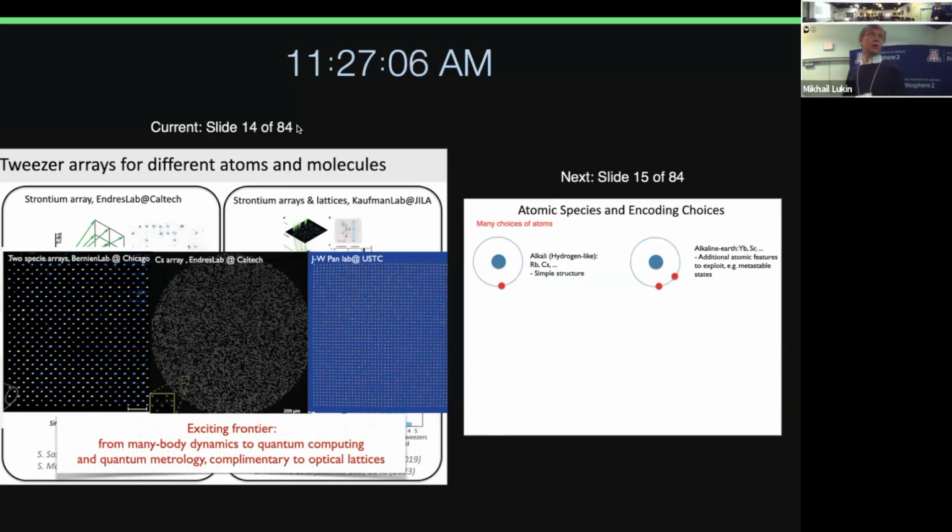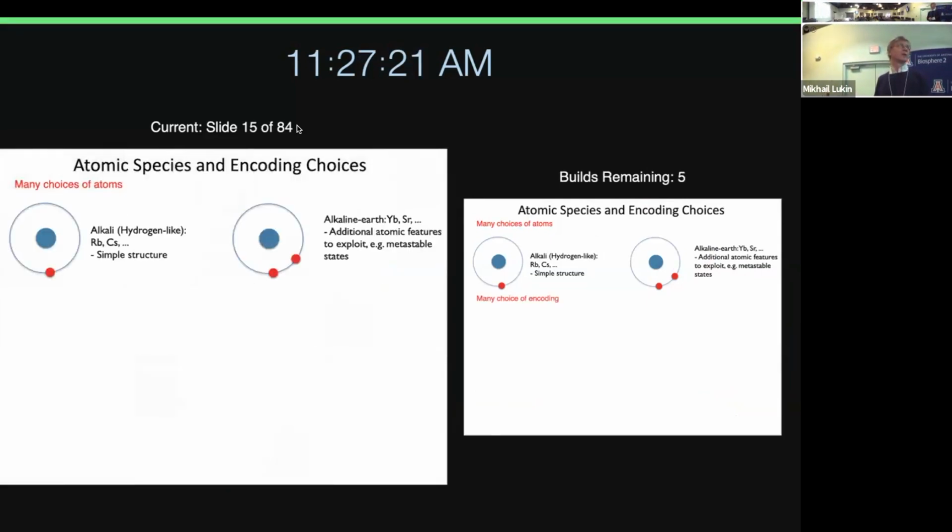So okay, that's the basic approach. To leading order, these experiments share this philosophy, but of course, the devil is in the details. So, for example, as already mentioned, you can think about picking a certain atom.